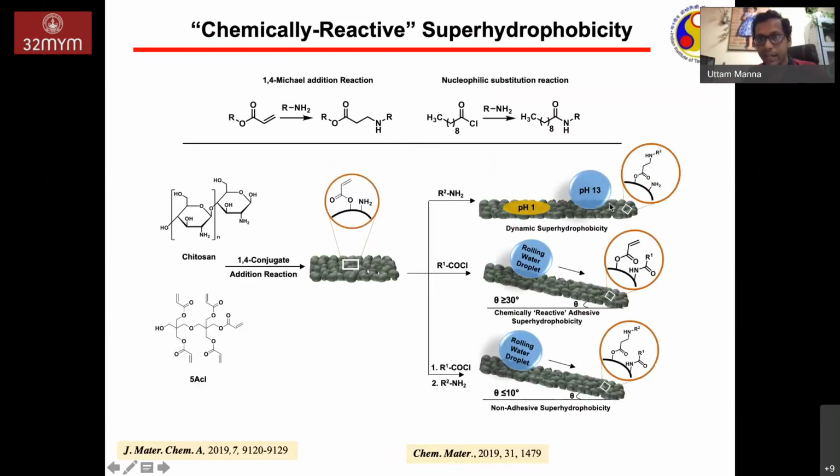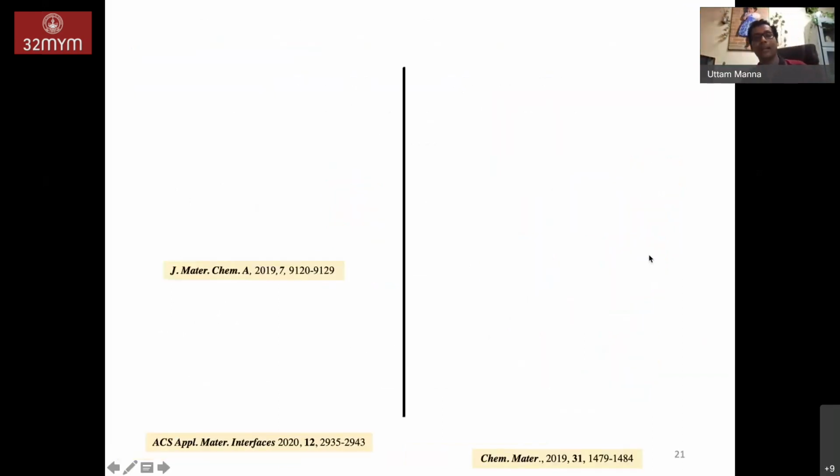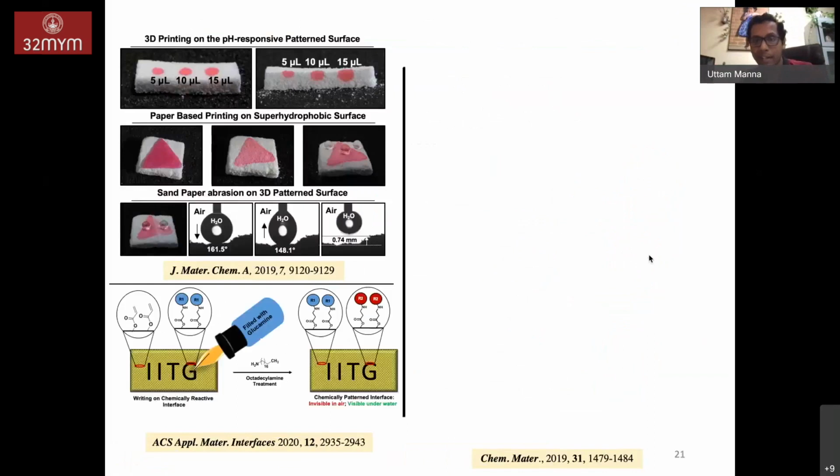As you can see here, we started with a porous polymer coating, which has two different kinds of distinct residual functionalities, and selectively you can modify either through 1,4-conjugate addition reaction or nucleophilic substitution reactions, and that's the way you can modulate the residual reactivity, as well as embed different kinds of water wettability, and that can be used for different kinds of applications.